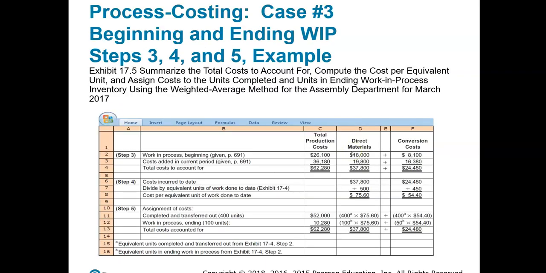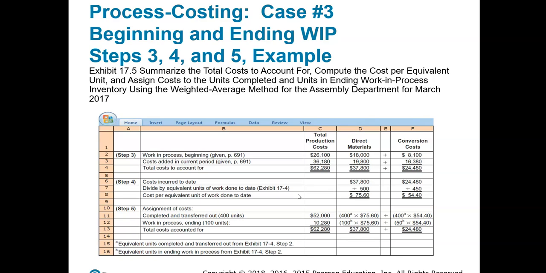So what is my journal entry going to look like here? I'm going to debit the testing department, work in process testing, for $52,000, because I'm transferring it from this inventory account to the next inventory account. And then I'm going to credit work in process assembly.